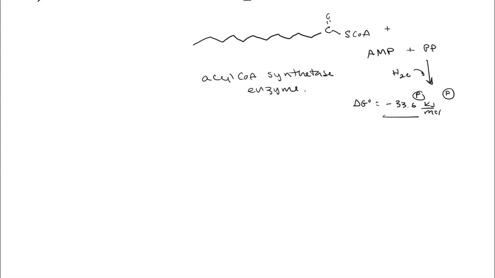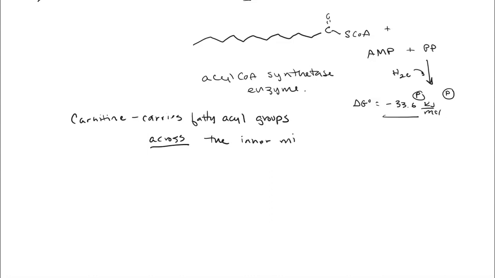Well, so that is written, to restate it, carnitine is responsible for carrying fatty acyl groups across the inner mitochondrial membrane.